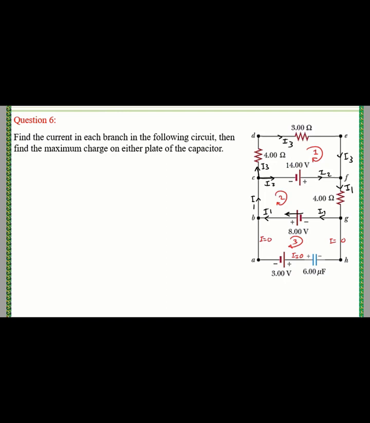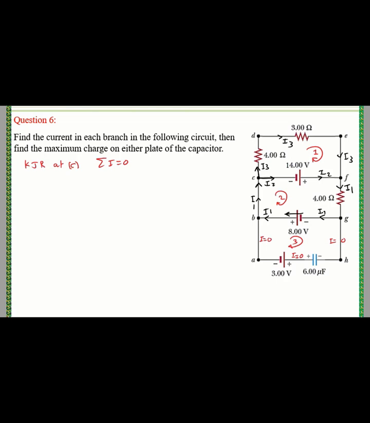Now, if you apply Kirchhoff's junction rule at point C, sigma I equals 0. I1 will go into C, so it is positive.